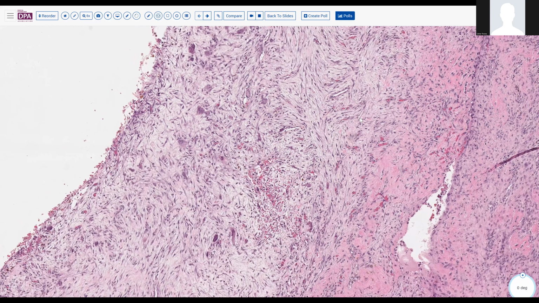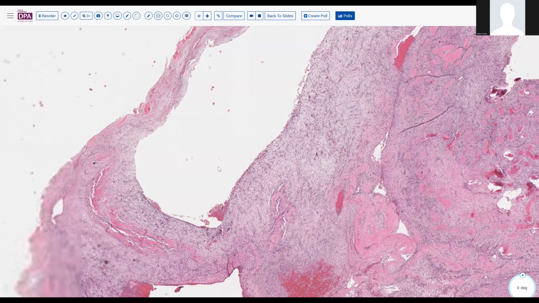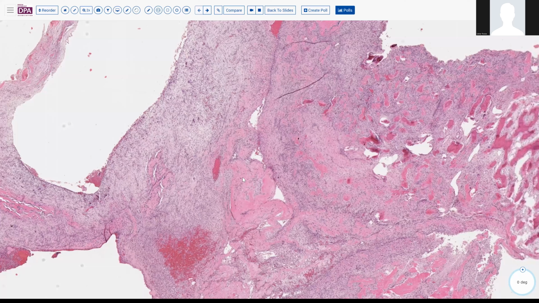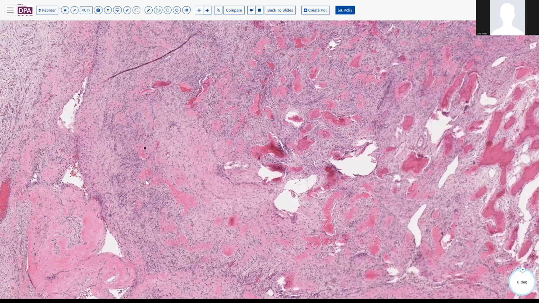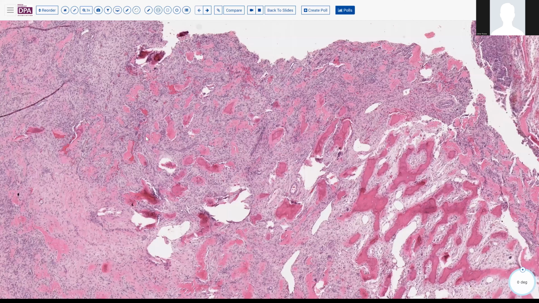So looking a little further here, we can see that this bony tissue that's being formed is new bone. It's not mature lamellar tissue. It's coming out of this tissue, but it's not particularly atypical.